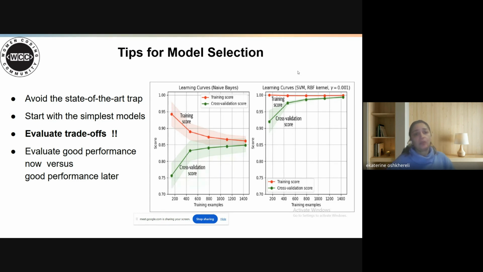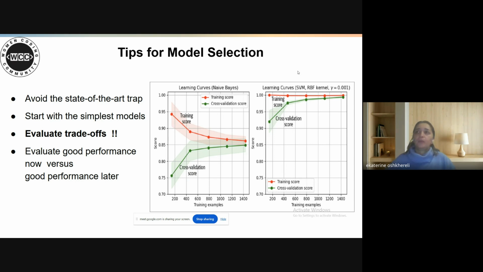If we have screening, like patient screening related tasks, in this case reducing false positives or reducing false negatives can be a problem.